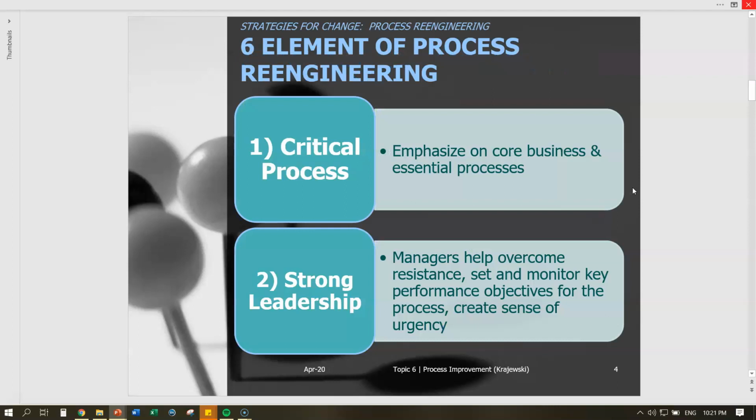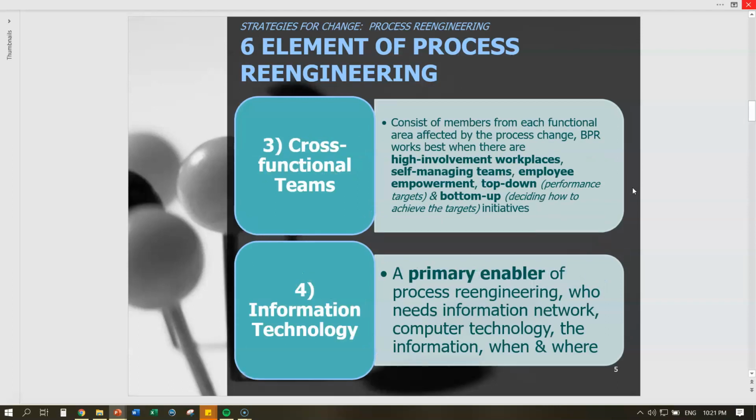Okay, ini adalah explanation secara lebih detail berkenaan dengan 6 elements yang saya cakap tadi. Critical process, emphasize on core business and essential processes. Strong leadership, paling penting sekali, manager, supervisor kena memainkan peranan yang penting in order to make sure that process re-engineering akan berjalan dengan lancar. And then cross-functional teams.